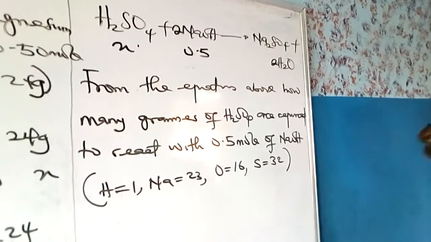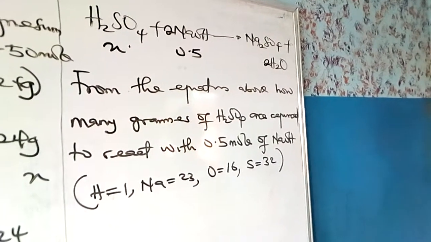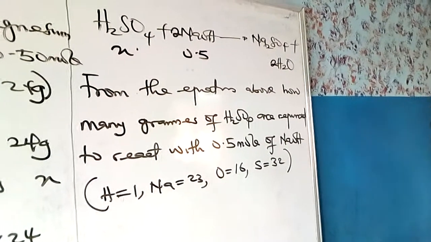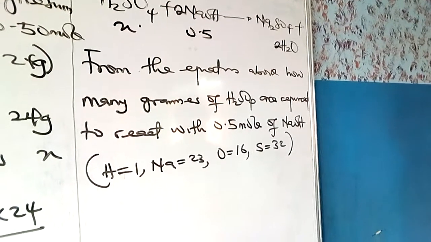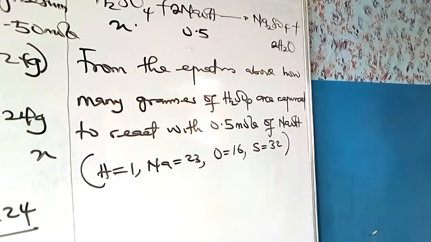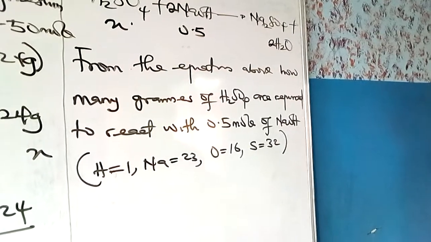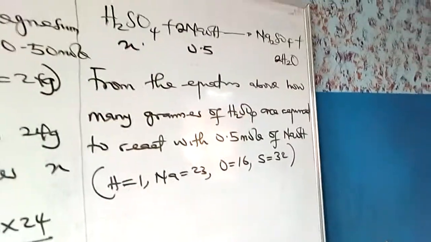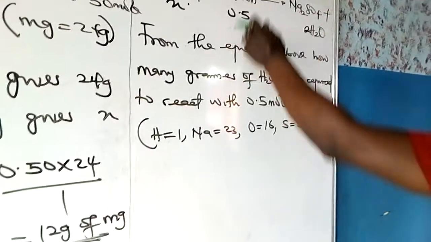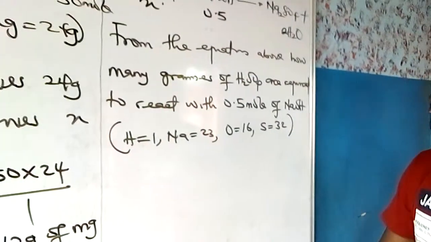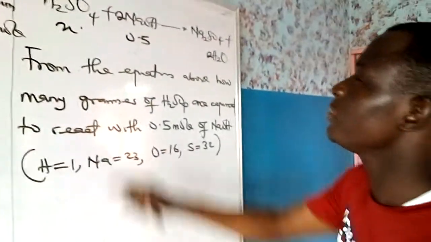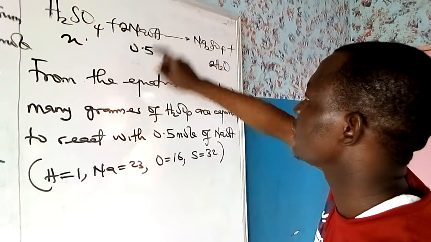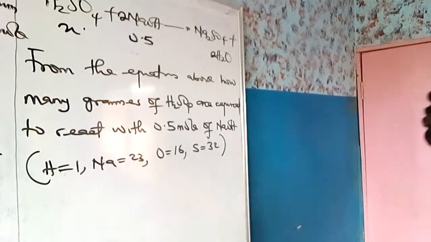In order to solve that, you know the question asks in gram now, and we are given this one in mole. So what are you going to do? You can use any method. You can use this one in gram, and finally you get this one too in gram.